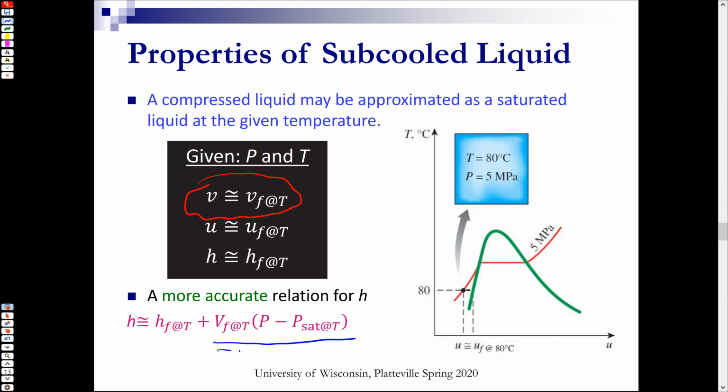We can use the same estimate, but modify it with this extra term: h equals h_f at the same temperature plus the specific volume at the given temperature times the given pressure minus the saturation pressure at the same temperature.